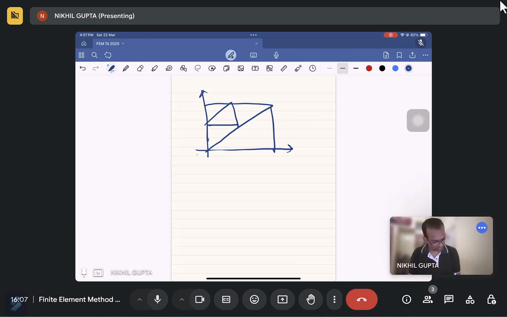So this is nodes 1 2 3 4 5 6. The coordinate is 1 comma 1. This is 1 comma 0. This is 0 comma 0, and this is 0 comma 1. So two boundary conditions are given, u(x,1) and u(1,y).